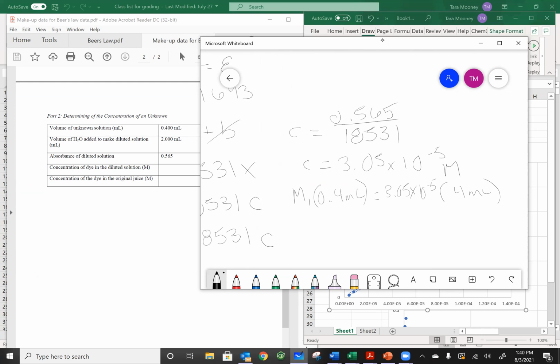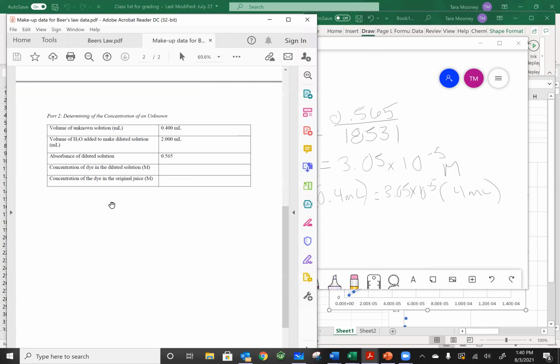Does that make sense so far? Is it 0.4 mL? So we took 0.4 mL of the original solution to make a 4 milliliter solution that we just figured out has a concentration of 3.05 times 10 to the minus 5 molar.